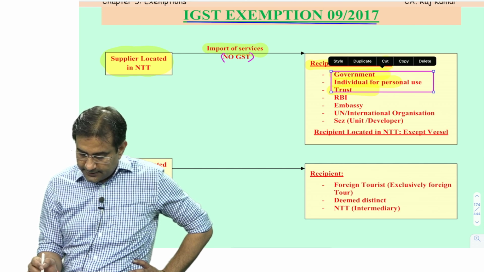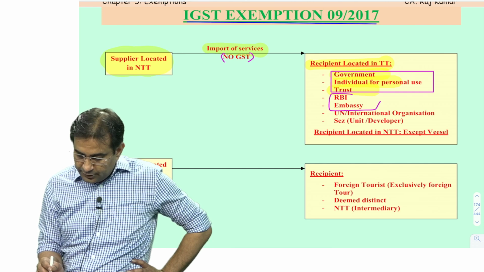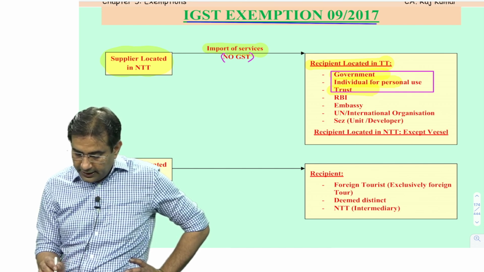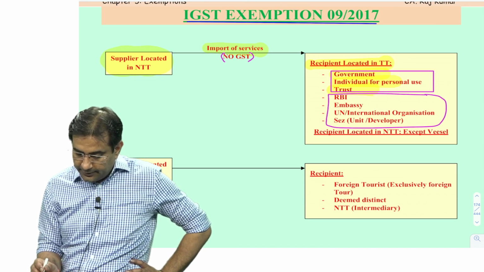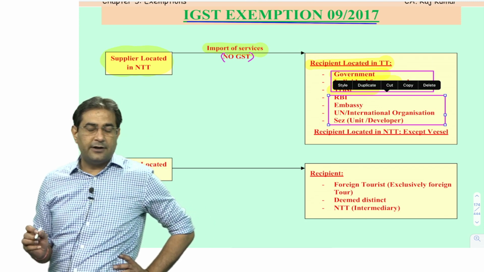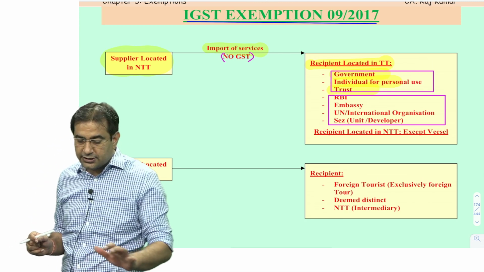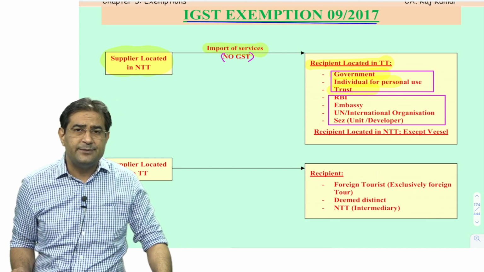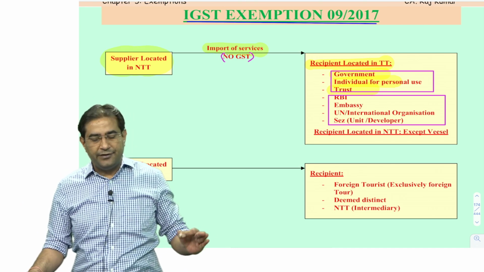Okay, yes sir. And RBI and embassy, where the recipient is the Reserve Bank of India, an embassy or an SEZ. In all these four situations, it will not be liable to GST. If services are imported by RBI with respect to forex, by an embassy, by the United Nations, or by an SEZ. Basically, this was the exemption pertaining to import of services.